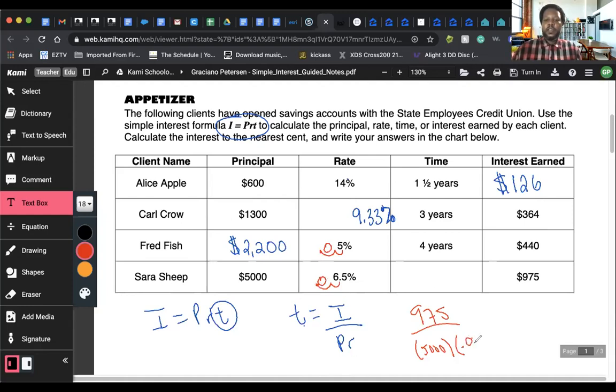So 5,000 times 0.065 gives us 325. So we should have 975 divided by 325. And that means our time is 3 years.